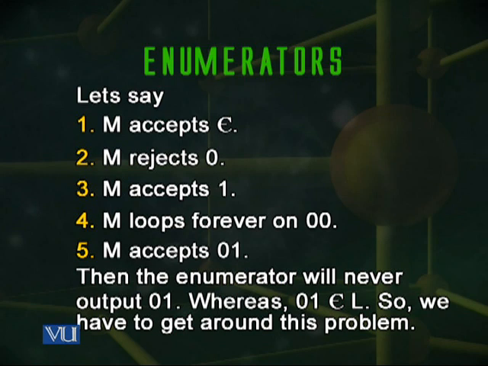But when it tries to run the machine M on 00, the machine loops forever. So since the machine loops forever on 00, therefore this poor string 01 never gets an opportunity. And therefore it is never enumerated by the enumerator. So this enumerator enumerates a language which is actually a finite subset of the language which is accepted by the Turing machine M. So how did we get around this problem?